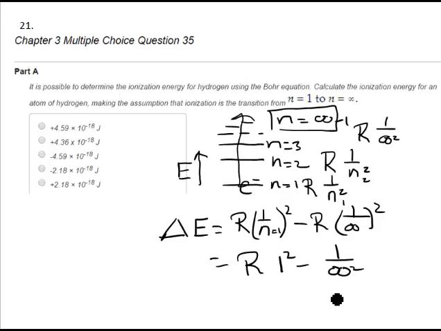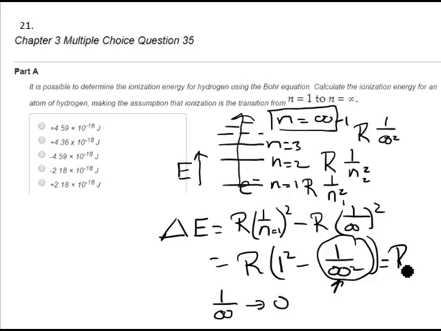And the question is, what is 1 over infinity? Well, as this number here gets larger and larger and larger, this fraction gets smaller and smaller. So 1 over infinity approaches 0. So this becomes just simply equal to R.